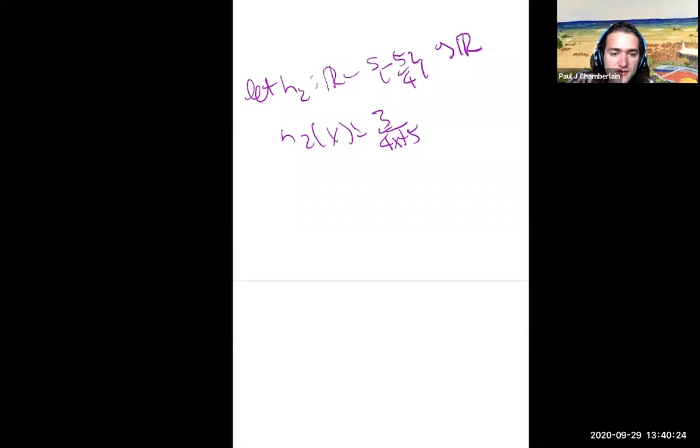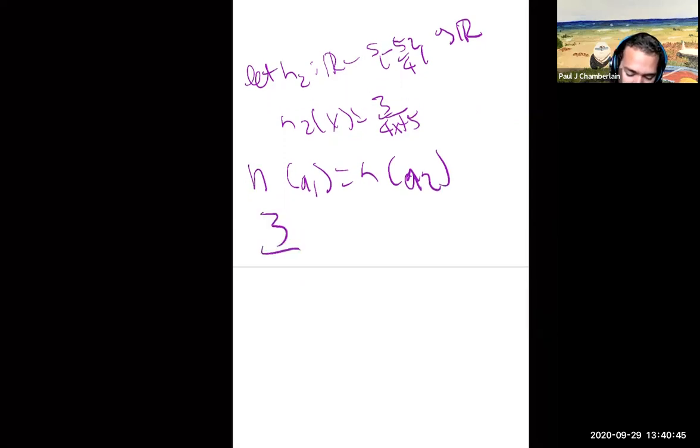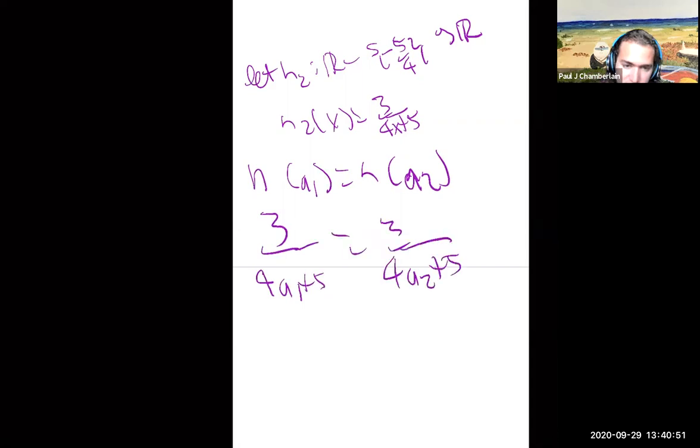And so to show this, what we'll do is we'll consider we have, let's say, a1 and a2, and we know that h of a1 is equal to h of a2. I'm just going to call this h for simplicity. And what does this mean? This means that we have 3 over 4a1 plus 5 equals 3 over 4a2 plus 5.